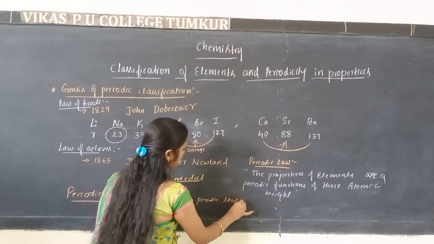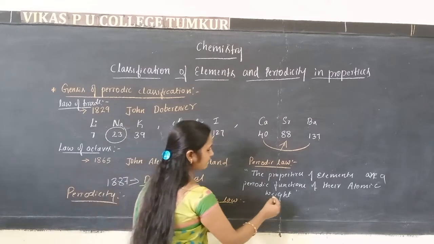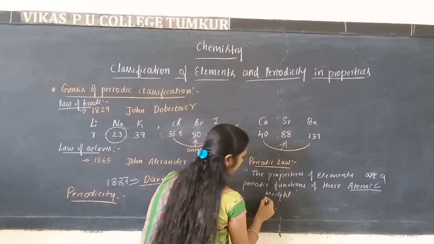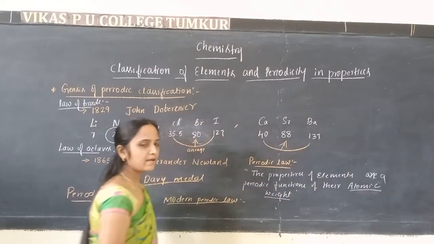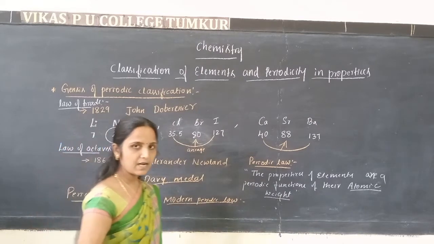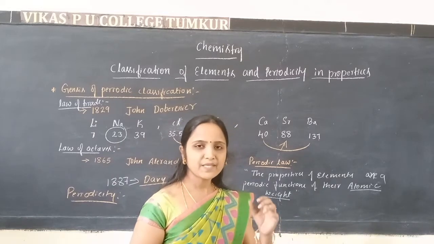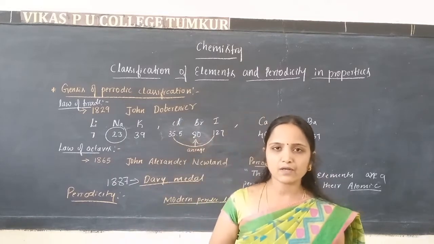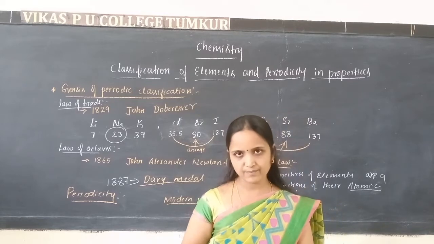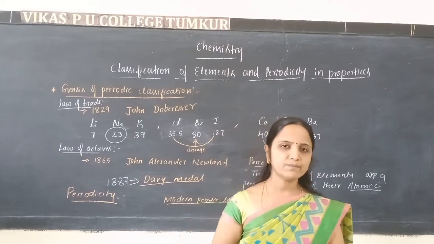Only the difference between periodic law and modern periodic law: ಇಲ್ಲಿ atomic weight ಮೇಲೆ ಇದು ಅರೇಂಜ್ ಆಗಿರುತ್ತೆ, ಬಟ್ ಅಲ್ಲಿ atomic number ಮೇಲೆ ಬೇಸ್ ಆಗುತ್ತೆ. The physical and the chemical properties of elements are periodic functions of their atomic number. This is about the statement of the modern periodic law.